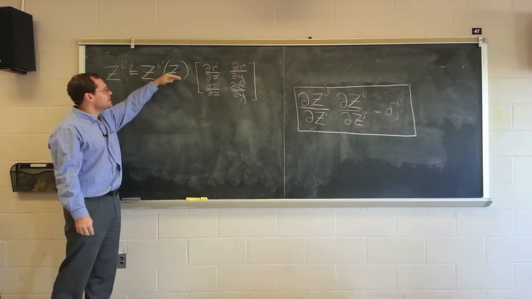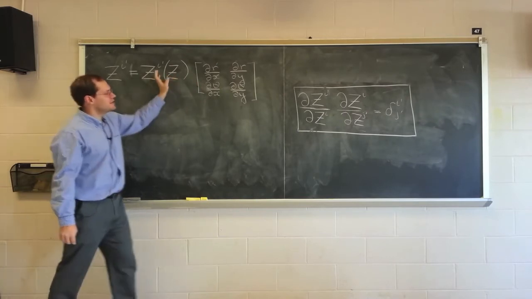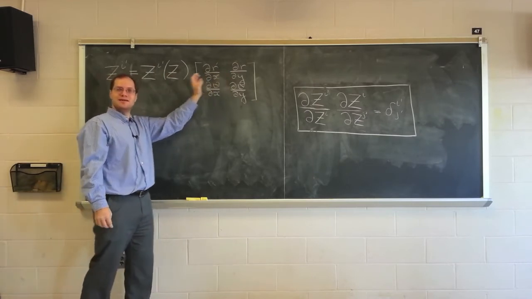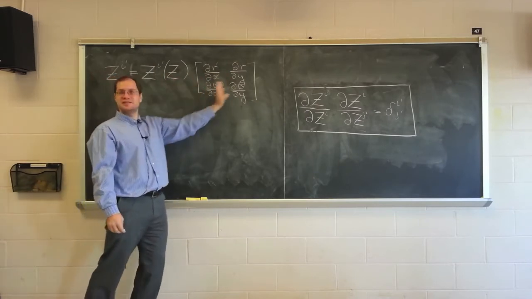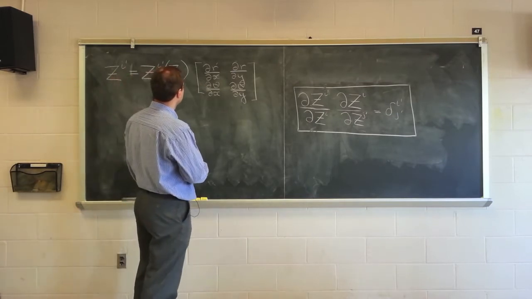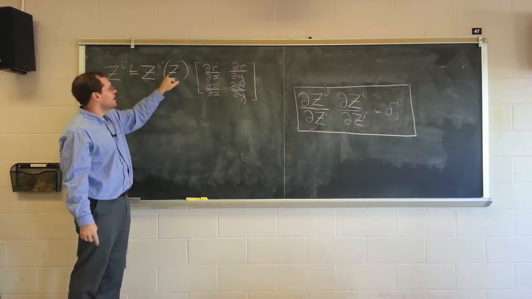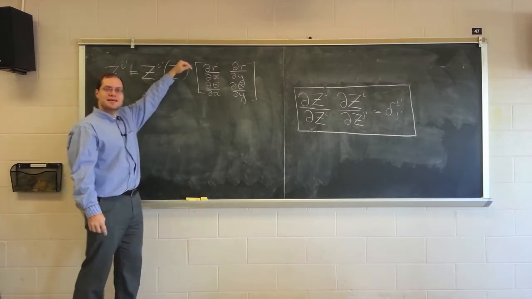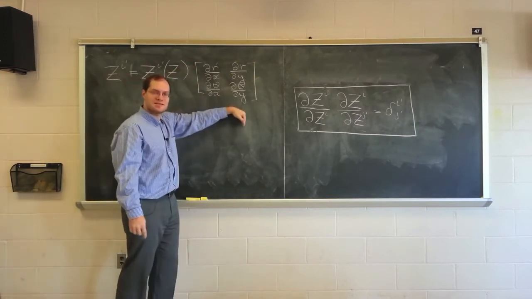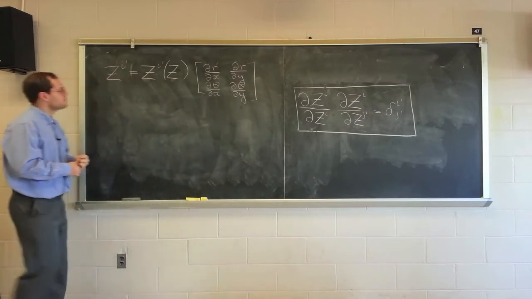I have to differentiate each one of these with respect to x, and that will give me the first column, with respect to y, and that will give me the next column, and with respect to z, and that will give me the third column.